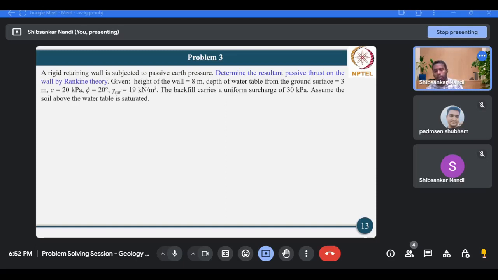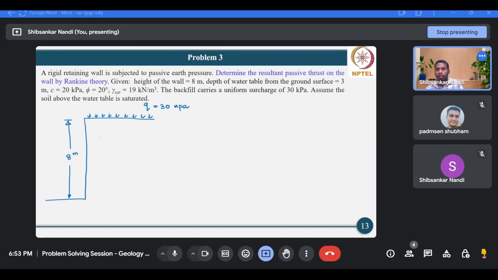Okay. So unlike the previous problem, two major differences in this problem are, first of all, here is an externally applied surcharge Q of magnitude 30 kPa. Okay. And the retaining wall is basically retaining a single layered backfill. Okay.